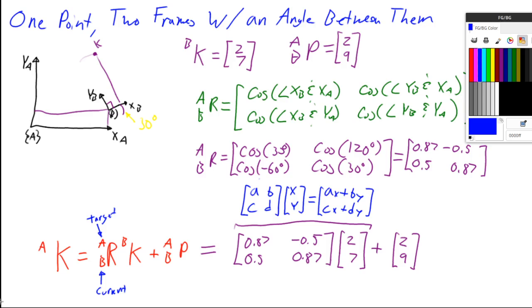0.87 times 2 minus 0.5 times 7. All right, so we'll come down one more step here. So this is negative 1.76. And then we've got 0.5 times 2.